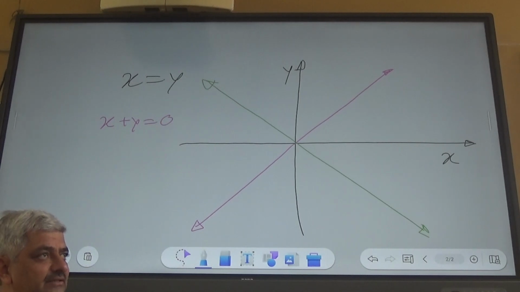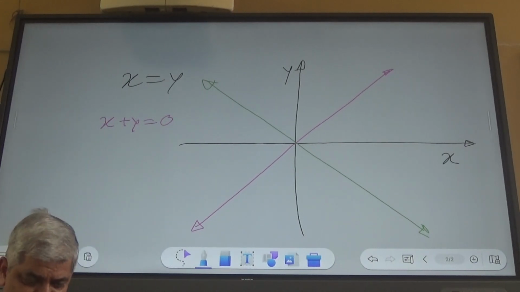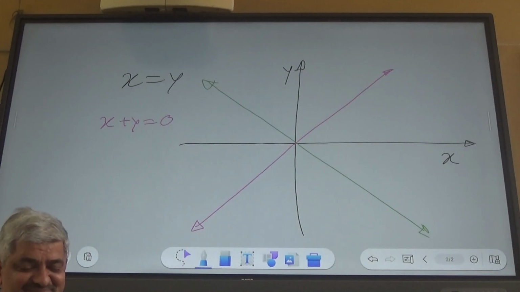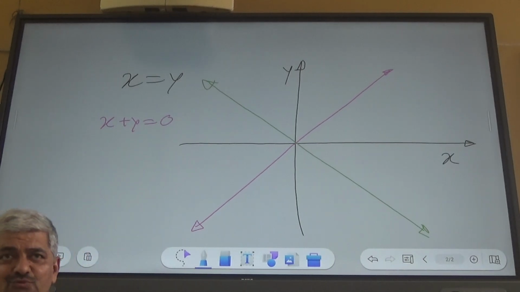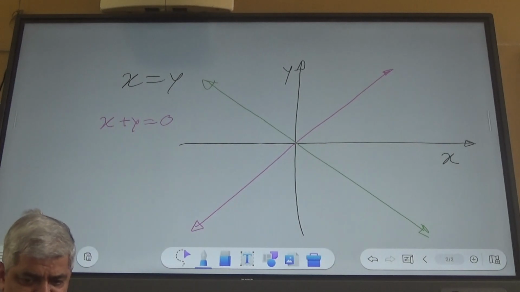Now what you are saying is that x equal to y is the equation of a line. I will say that x equal to y doesn't represent a line. Something is incomplete. I make a statement: x equal to y doesn't represent a line.